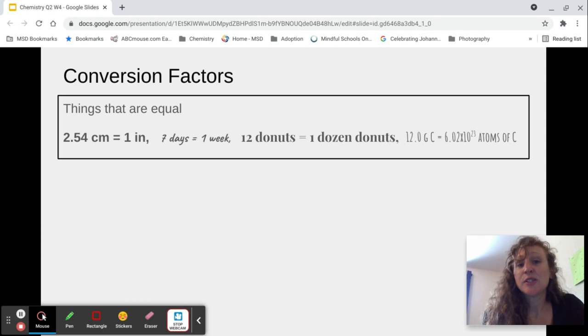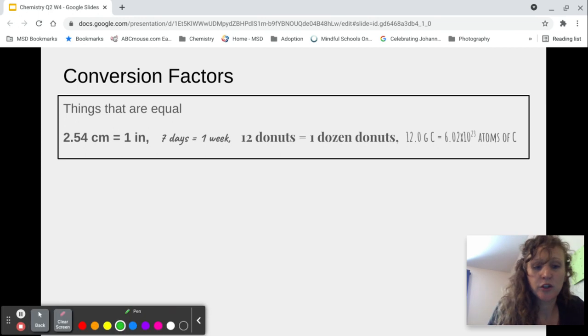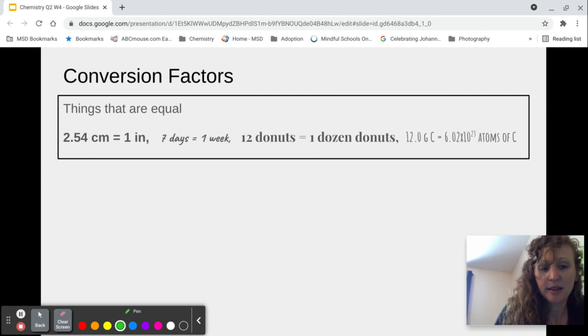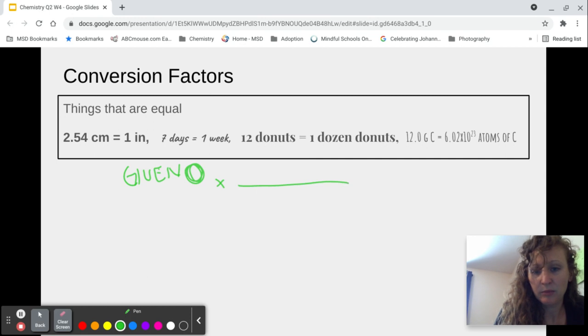All right, so in order to work with dimensional analysis, you must deal with conversion factors. Like I said, if we're setting up a very simple problem, what we would do is take the thing we're given, and we would have that given unit, and we're going to multiply that by a conversion factor.